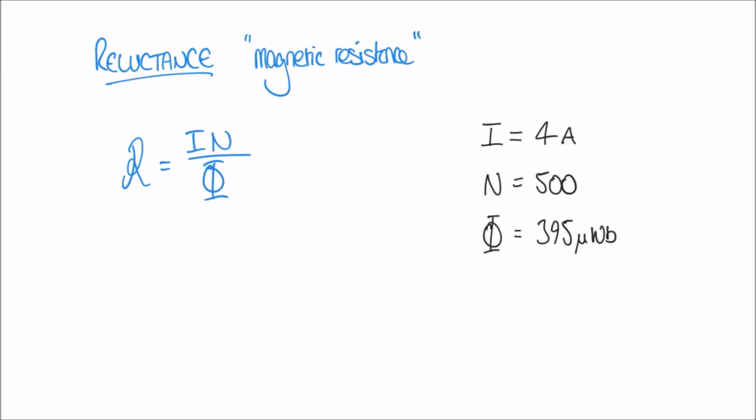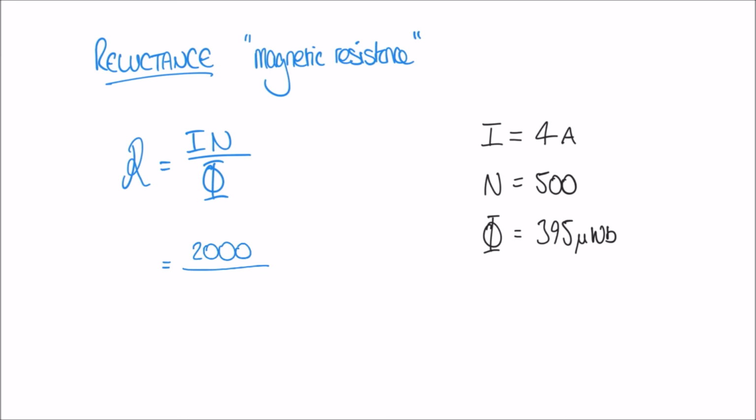If you remember from the start of our example, we said that the current in our coil was 4 amps, and we said the coil had 500 turns. And finally, we've just calculated on the previous slide there that the flux is 395 microwebers. So putting all that into our equation here, we can say that IN is going to be 4 times 500, which gives us 2,000 on the top of our fraction there, over phi, the flux, 395 microwebers.